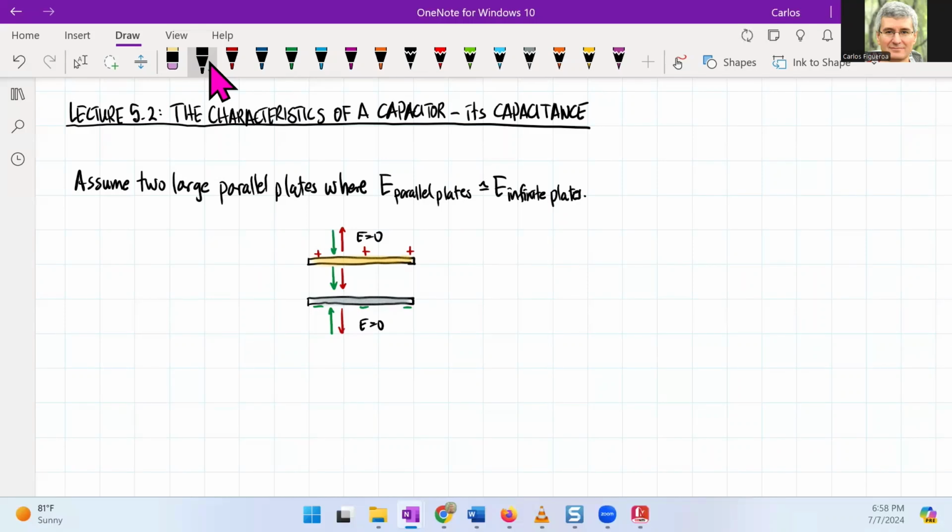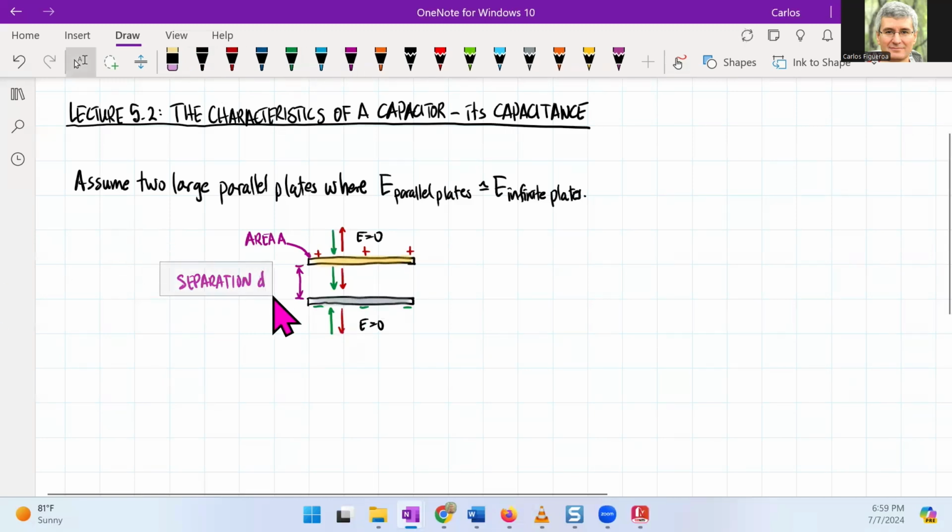Now, just as a reminder, this has the area A. This right here has the plate separation, little d. And so what we're finding is that in between the plates, we're going to have a field.